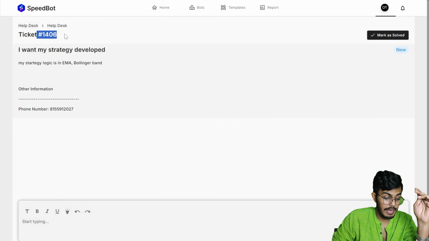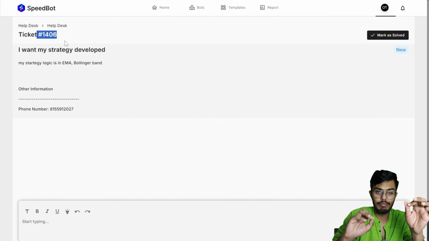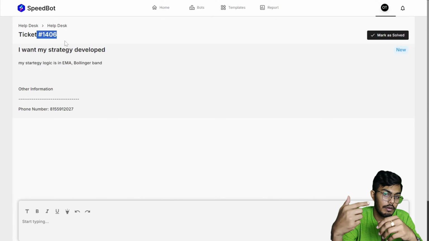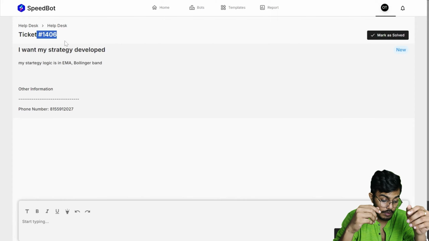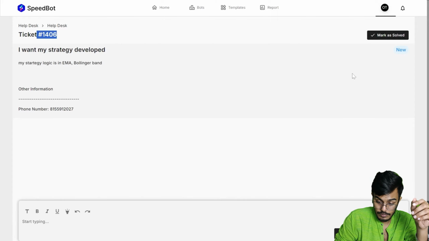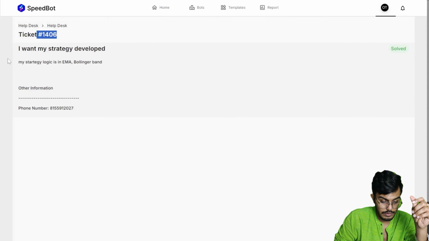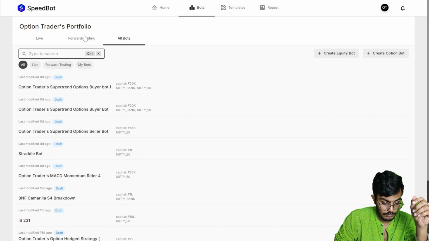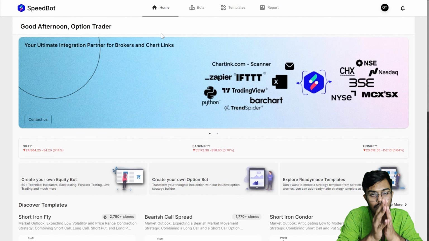Over here, I get assigned a ticket number that will help me to track this process, so the technical team of SpeedBot would be able to revert over email on what exactly your issue is. For the time being, let me just click over here as mark as resolved. So that's how you can create a ticket and get your issue resolved through us.